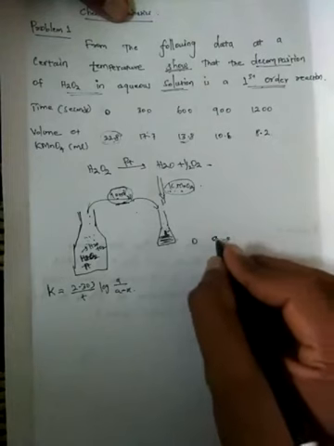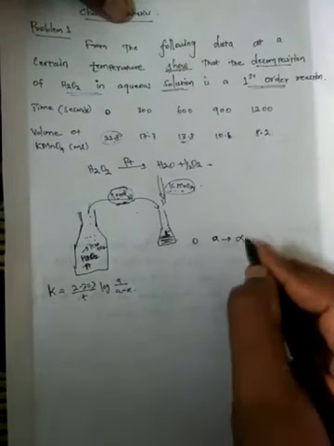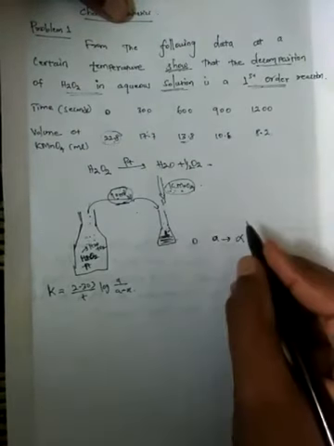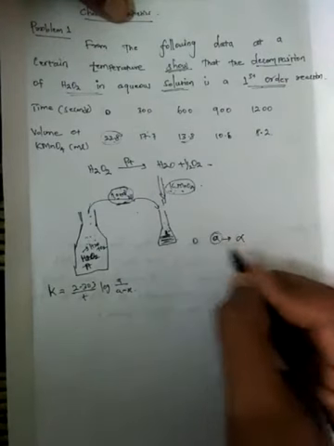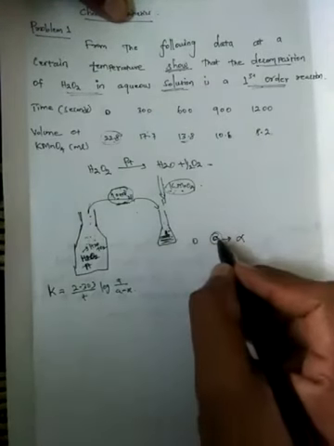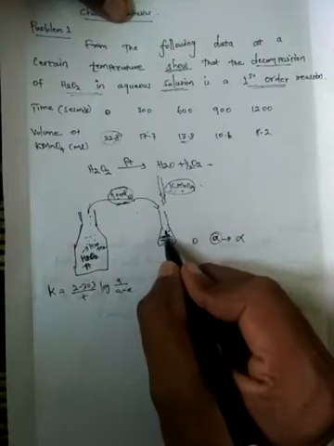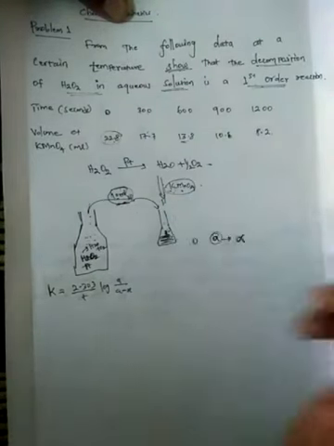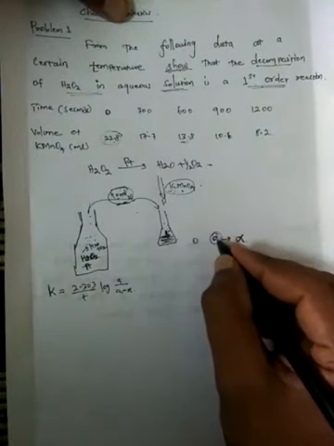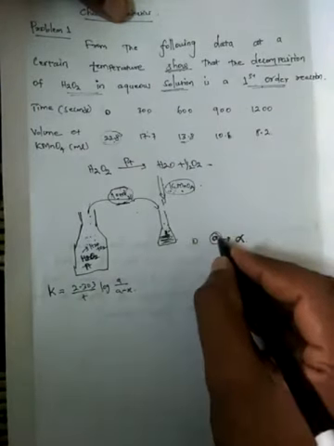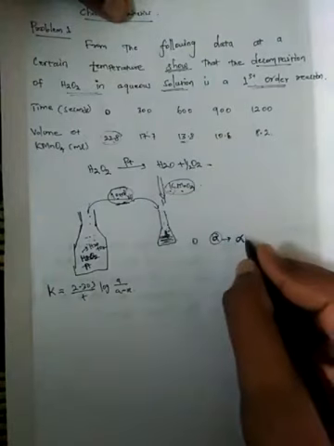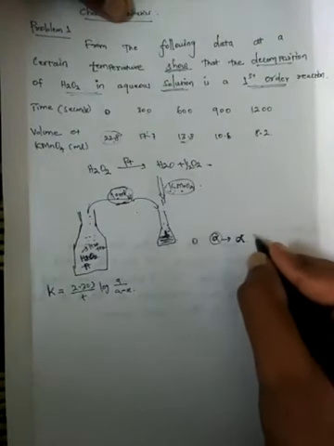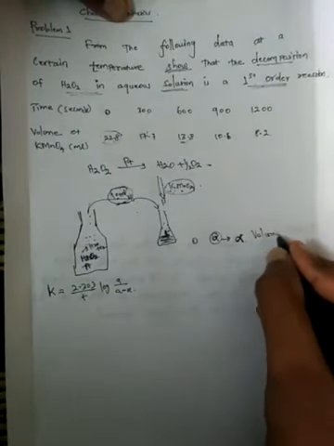A is directly proportional to the volume of KMnO4. The initial concentration of hydrogen peroxide will be directly proportional to the volume required. If the initial concentration is higher, the volume required will be more.